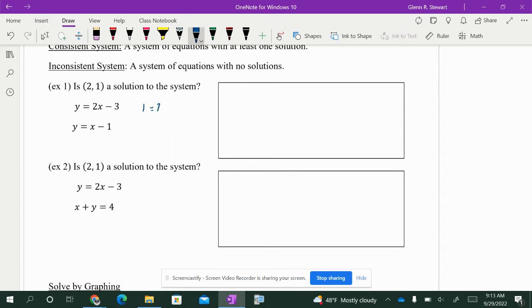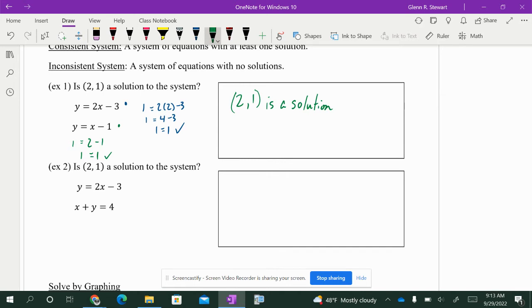I've got 1 is equal to 2 times 2 minus 3. So that would be 4 minus 3. So 1 is equal to 1. So that works. And then the other one here, 1 is equal to 2 minus 1. 1 is equal to 1. That also works. So (2, 1) is a solution.